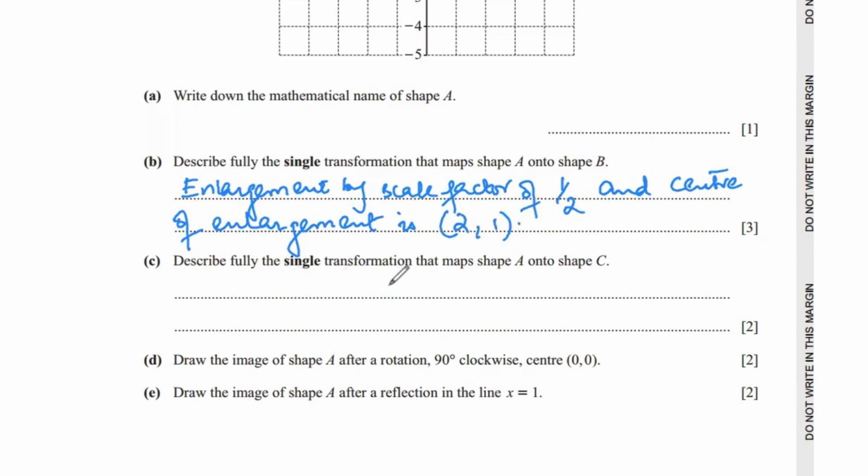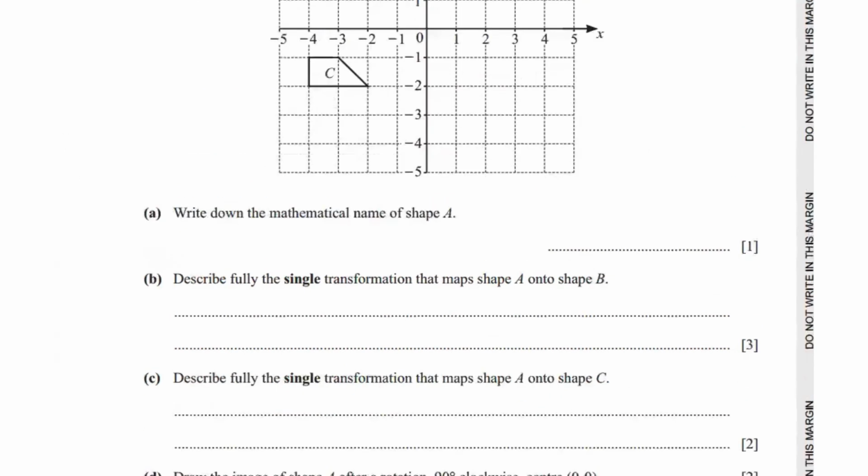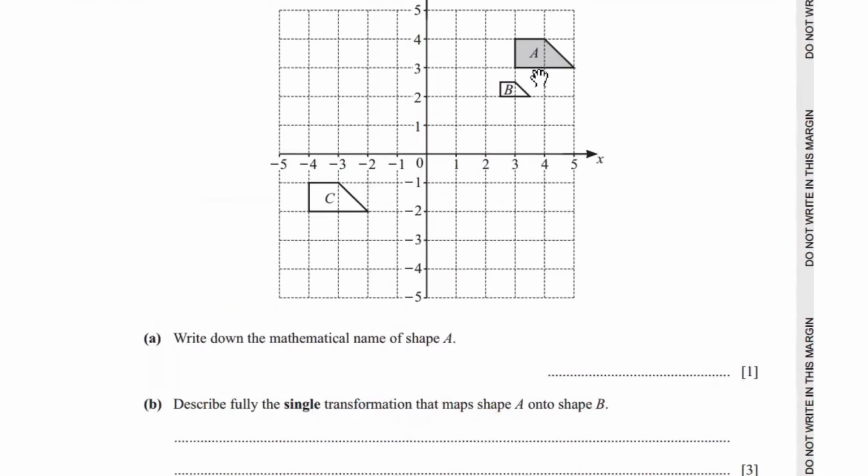Then it says describe fully the single transformation that maps shape A onto shape C. So for shape A onto shape C, it's a clear case of translation because the size of the shape is the same and so is the direction of the shape, and it's not a reflection because if it was a reflection, it would be symmetrical, like upside down, you know what I mean? So translation, we can pick corresponding points, these two. If this one is 3, 4, this one is -4 and -1.